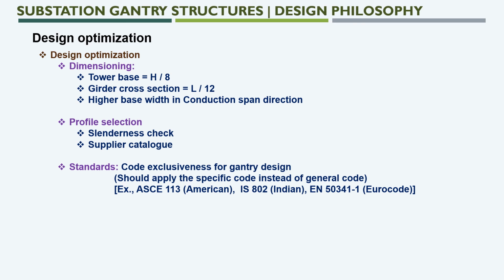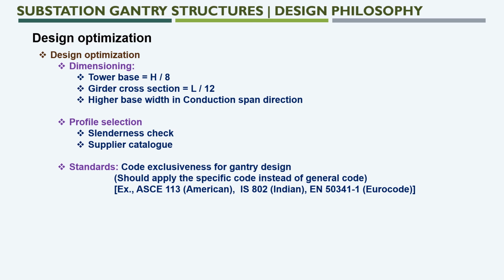But for substation structures, for the load combinations, we need to refer only to the specific code for substation structures. There are many specific codes for substation structures in American standards, Indian standards, or Russian standards, or European standards.